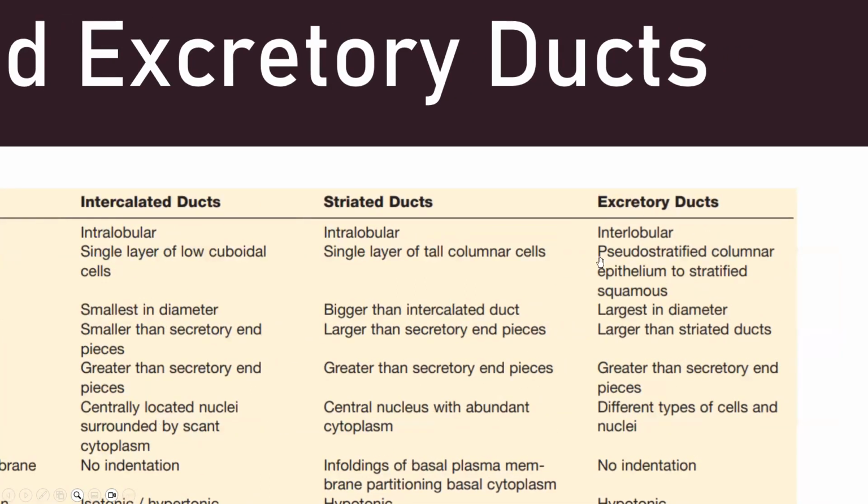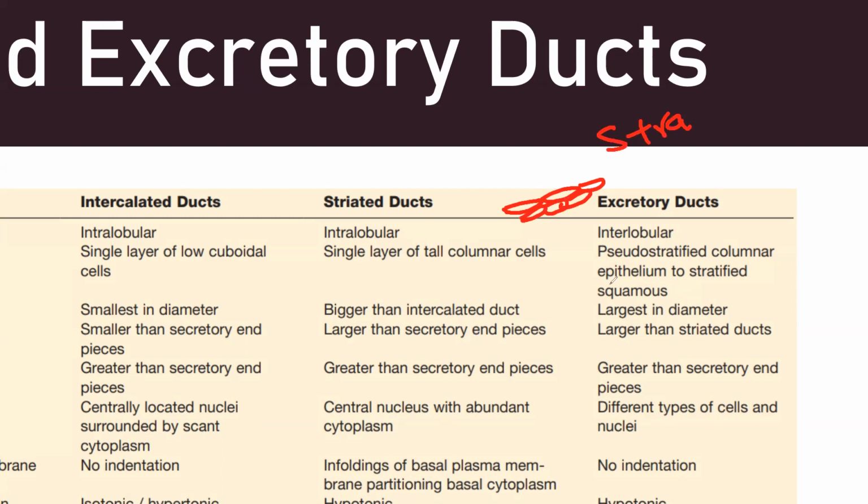pseudo-stratified in excretory ducts. Pseudo-stratified means they are not stratified: if there is a single cell layer, it is non-stratified. If there are more than one layer of cells, we call it stratified.